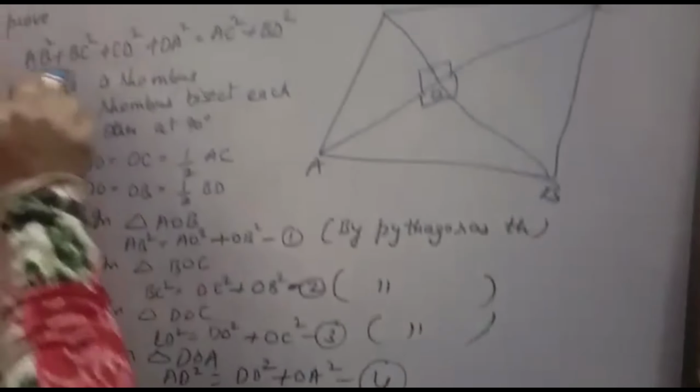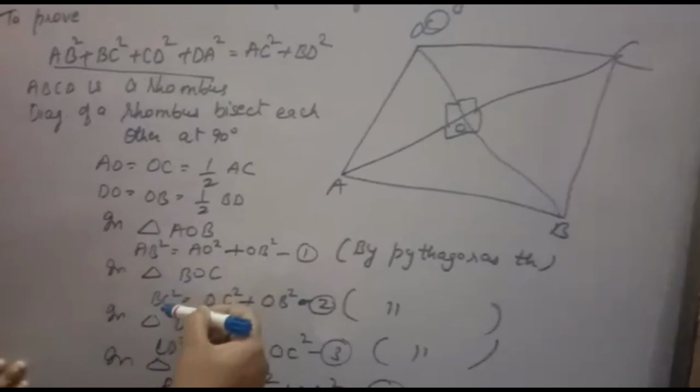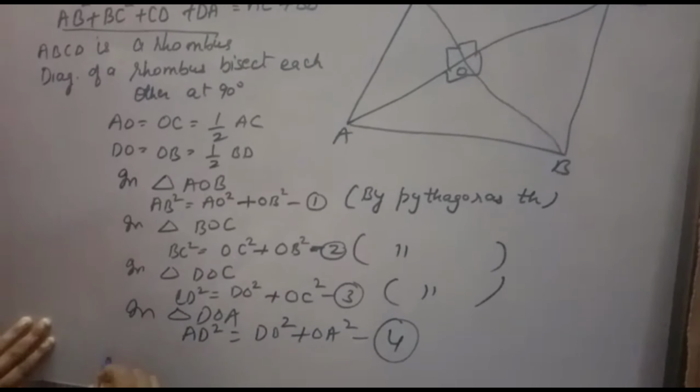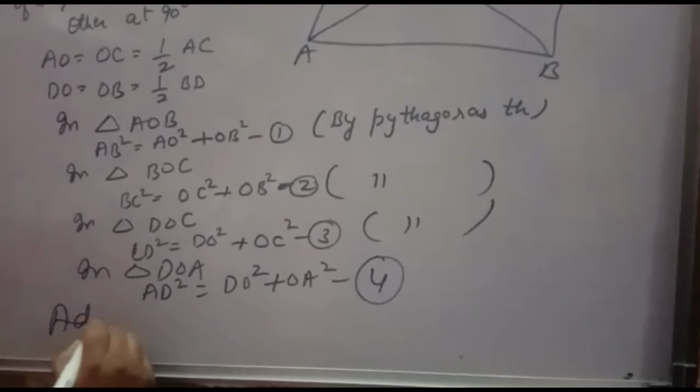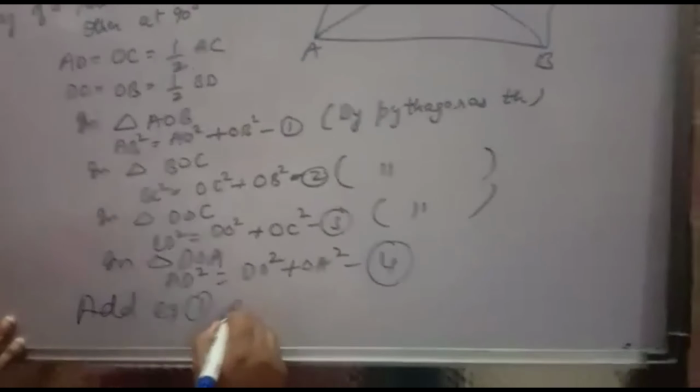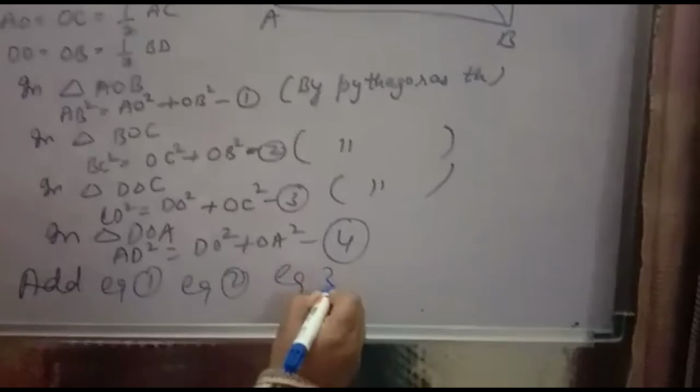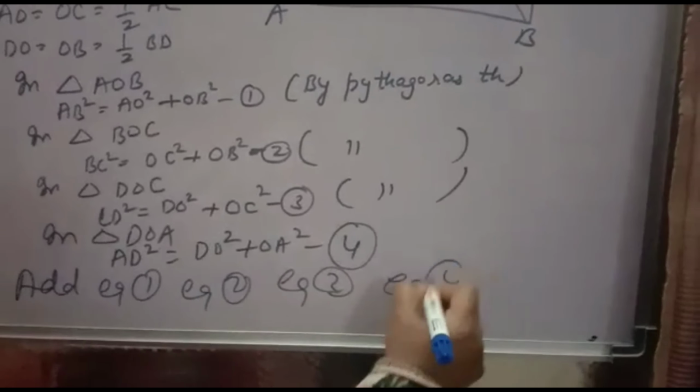Now you want the sum AB square plus BC square plus CD square plus DA square, so you will add equations 1, 2, 3 and 4.